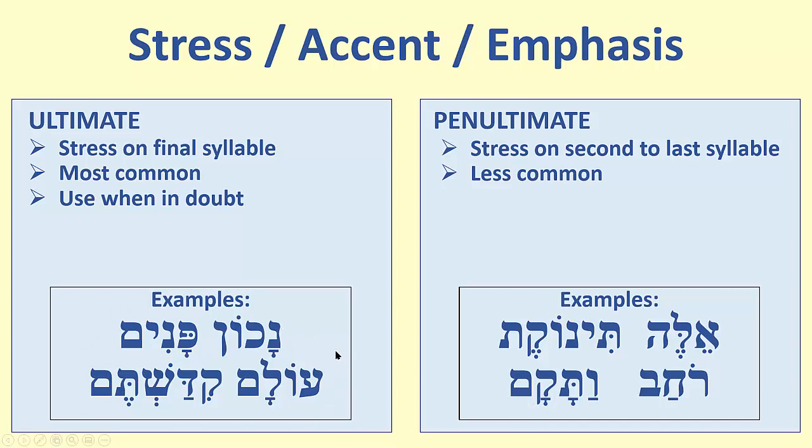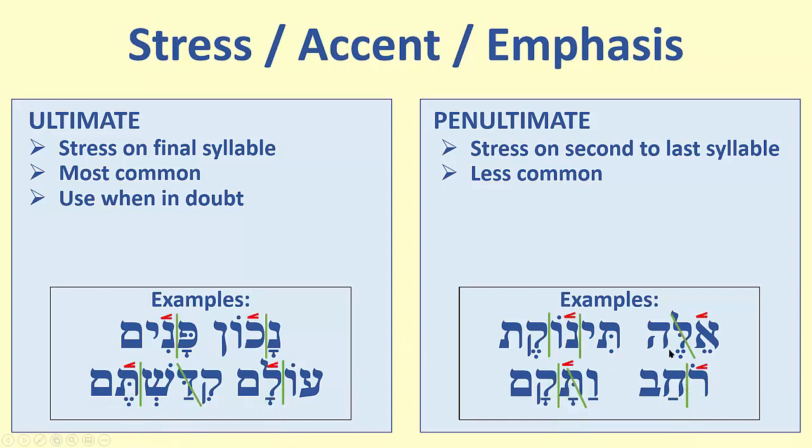These examples on the left have ultimate or final stress. Nachon, panim, olam, kidashtem.